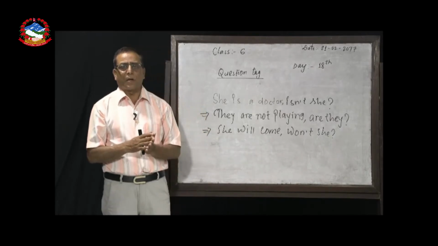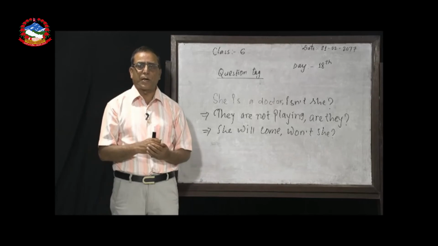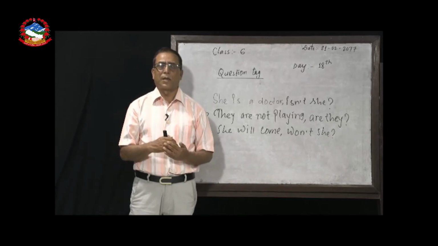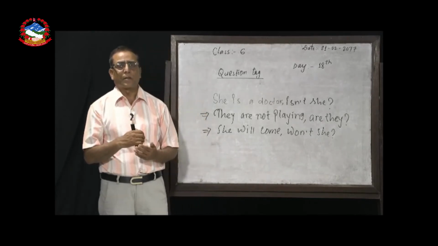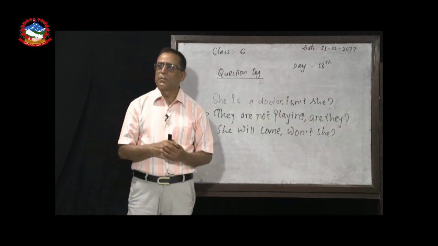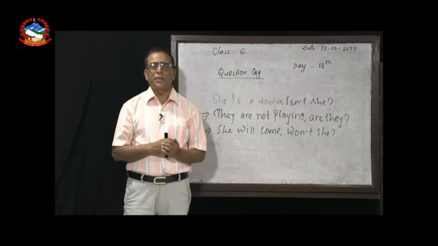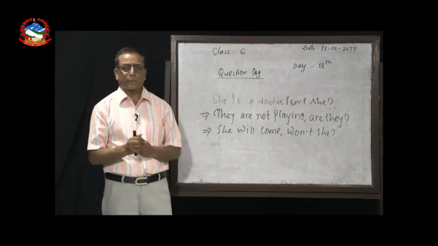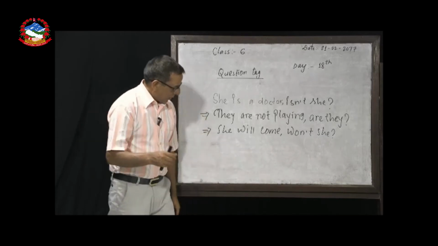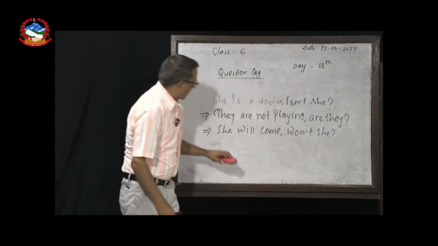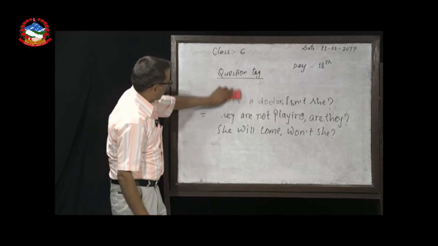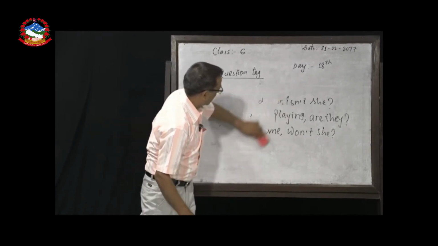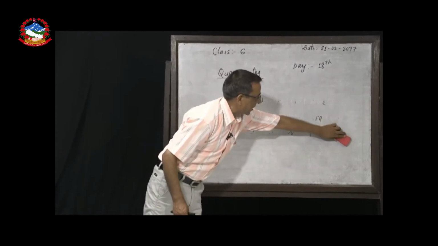As you know, is, am, are, was, were, has, have, had, may, might, can, could, shall, should, will, would. These are the auxiliary verbs. Now, be clear about one thing. That is, students, I am going to make you clear. Now, let's see on the whiteboard. I am writing here.